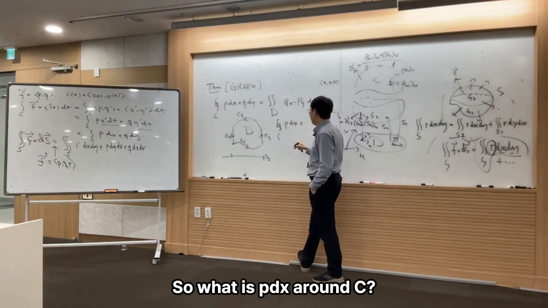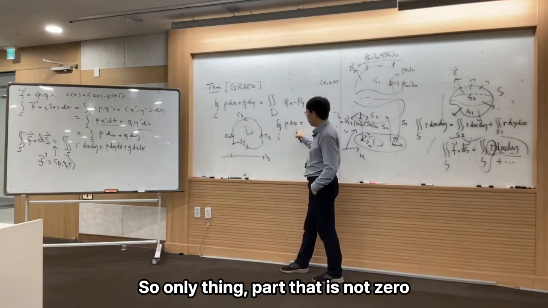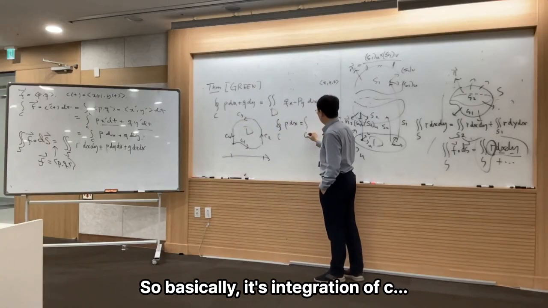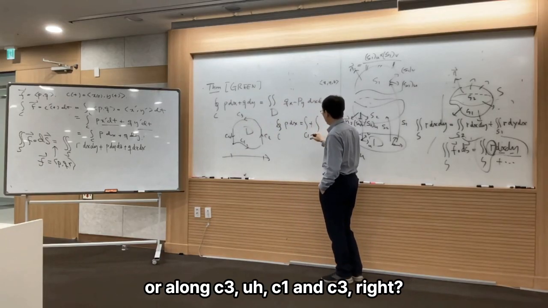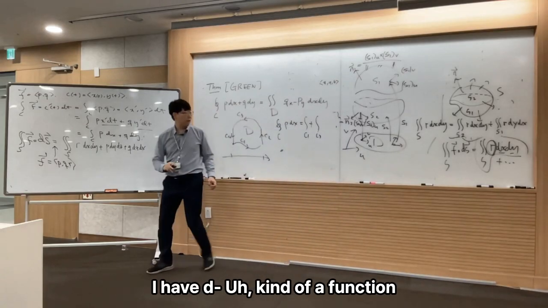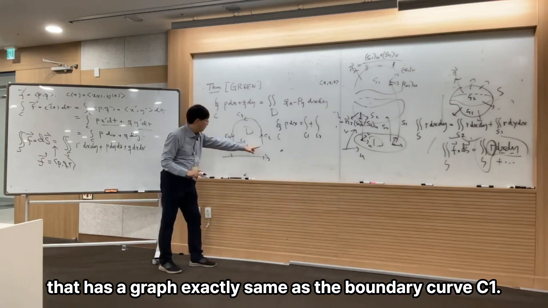So what is the integral of P dx around C? I'm going to look at the dx part. The only parts that are not zero are when I'm moving along C1 and C3. So basically it's the integration along C1 and C3. Let's say I have a function that has a graph exactly the same as the boundary curve C1.